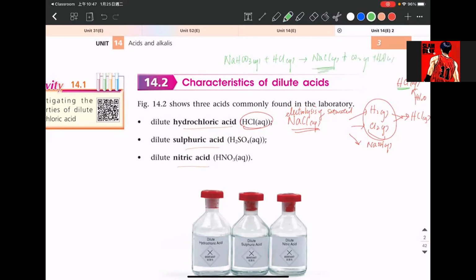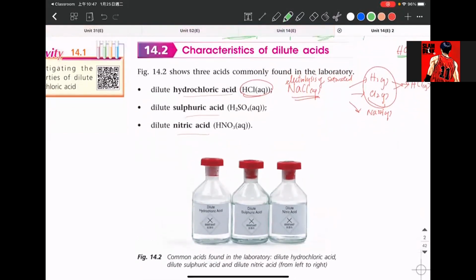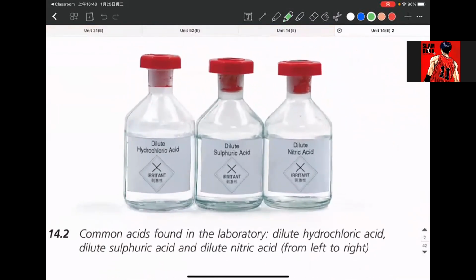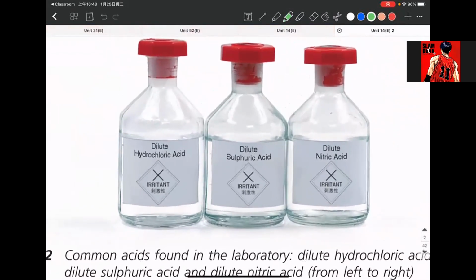So you may find the salt has also been regenerated if I use a sodium carbonate. So it will also produce a salt. Very special about this dilute acid. Now remember, if you talk about dilute acid, we use the hazard warning label irritant. Irritant is for dilute acid only.